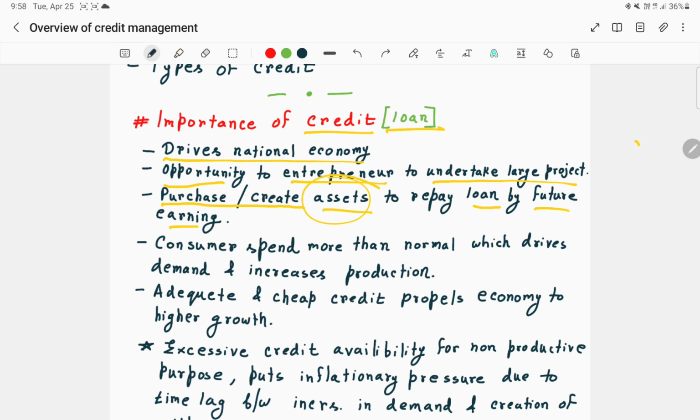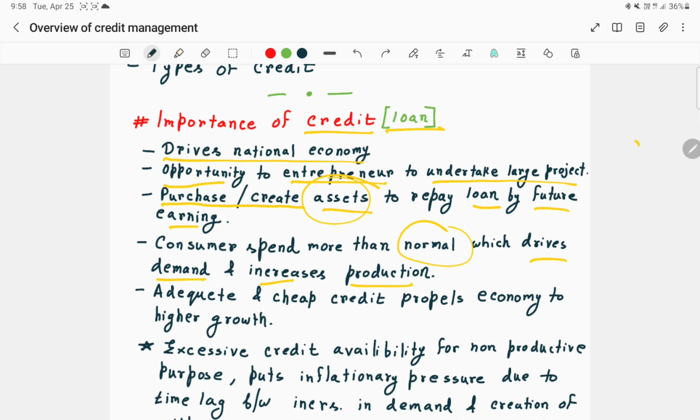Now, consumers like us want to buy things beyond our income. So what we do is that we take loans or credits and spend on items that we normally cannot afford. So that drives our demand and increases the production of such products.